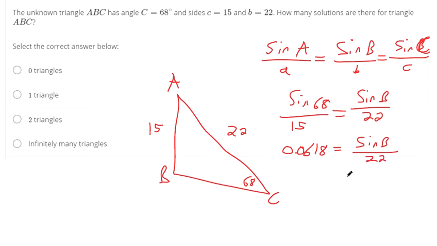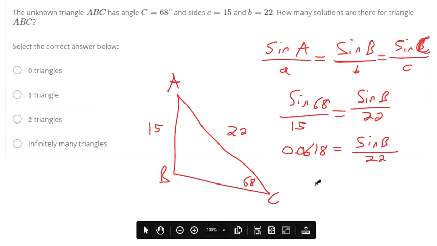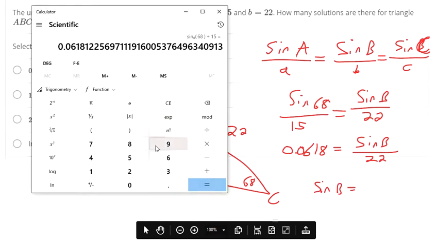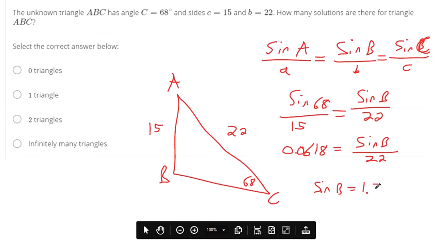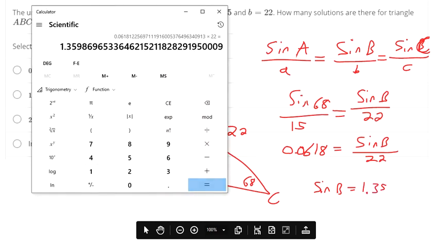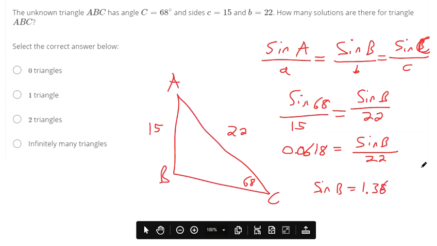And if we multiply both sides by 22, 0.0618 times 22 gives us 1.359. And actually all that rounds up to 1.36.